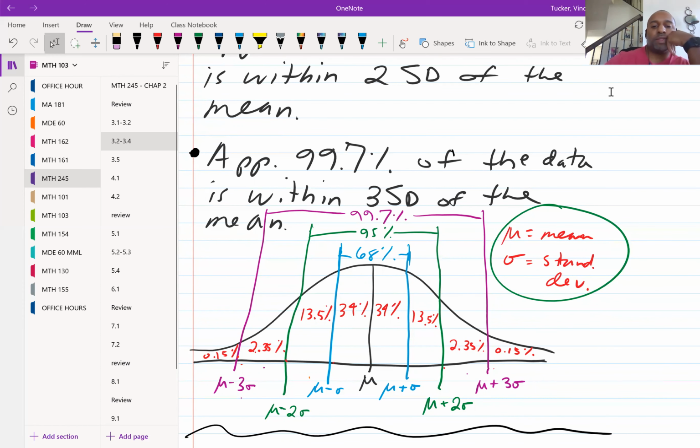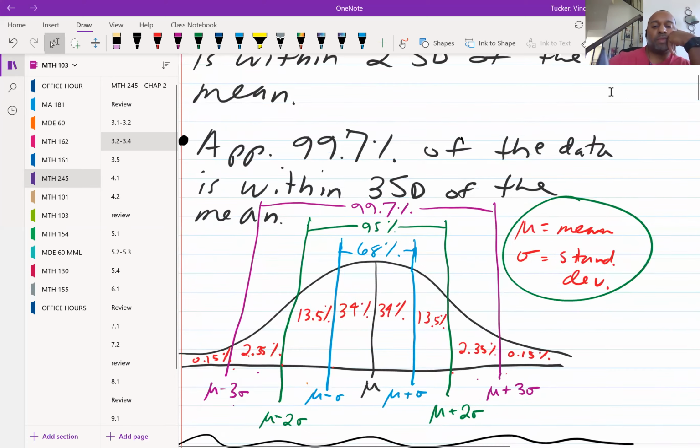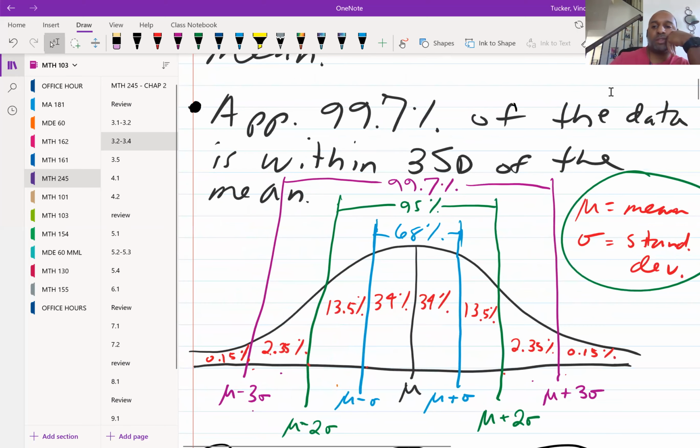So that's, let's see if I can make it larger. So that's 0.15, 2.35, 13.5, 34, 34, 13.5, 2.35, and 0.15 for your percentages.